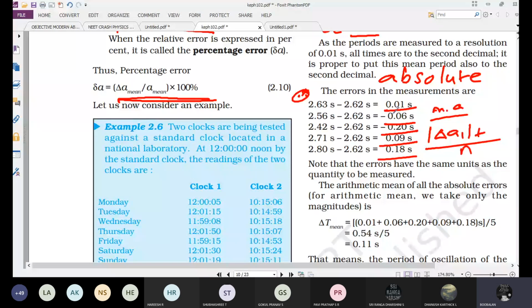Modulus of del A2, the value is minus 0.06, so taking the modulus, the value is positive. So 0.01, 0.06, 0.20, 0.09, 0.18 divided by 5. This is the mean absolute error, del A.